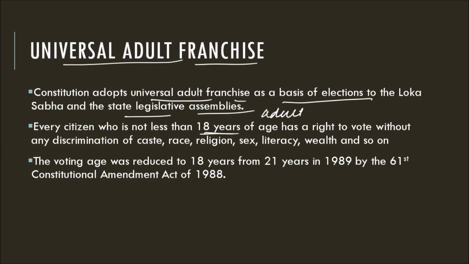And he or she will have a right to vote without any discrimination of caste, race, religion, sex, literacy, wealth, and so on. Right? Previously, the voting age was 21, but by the 61st Constitutional Amendment Act of 1988, it was reduced to 18 years.